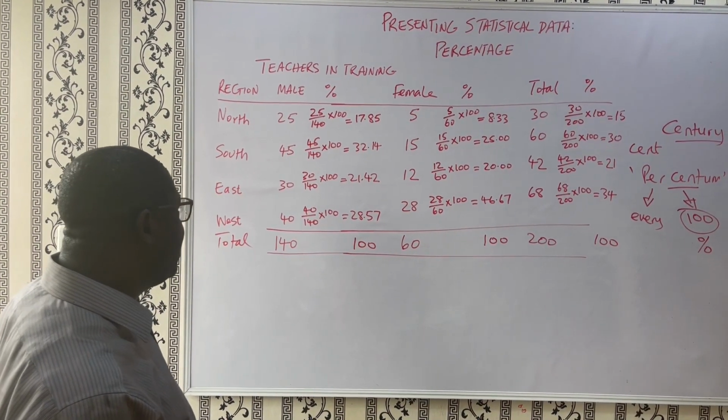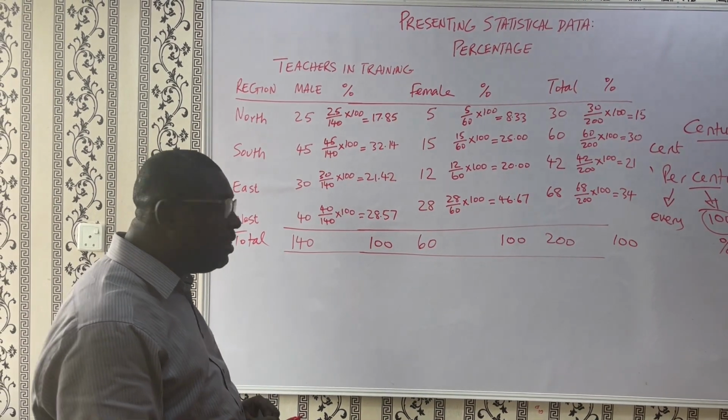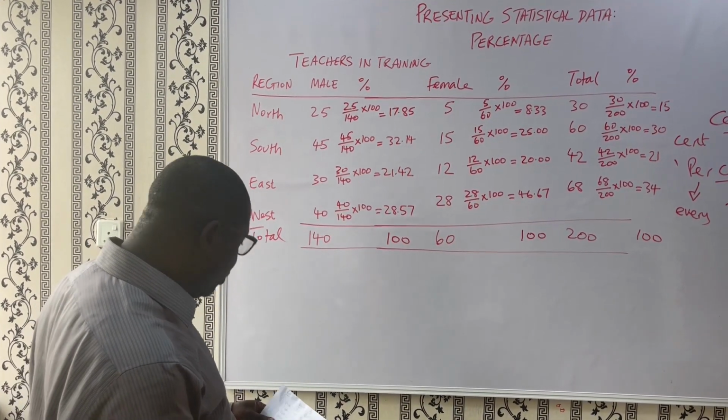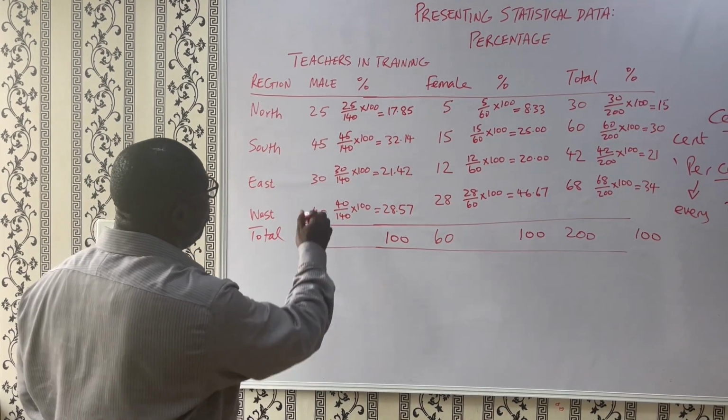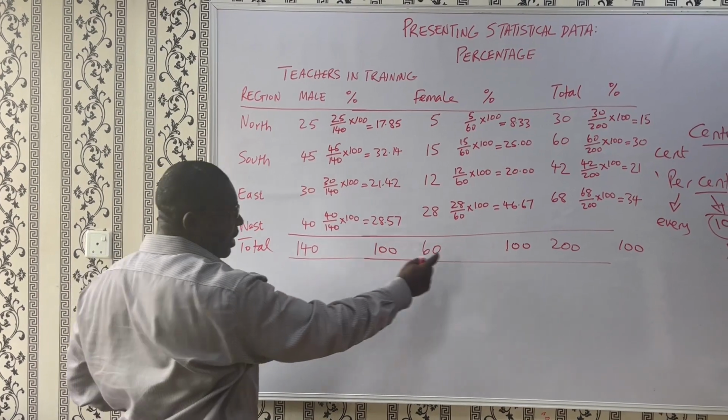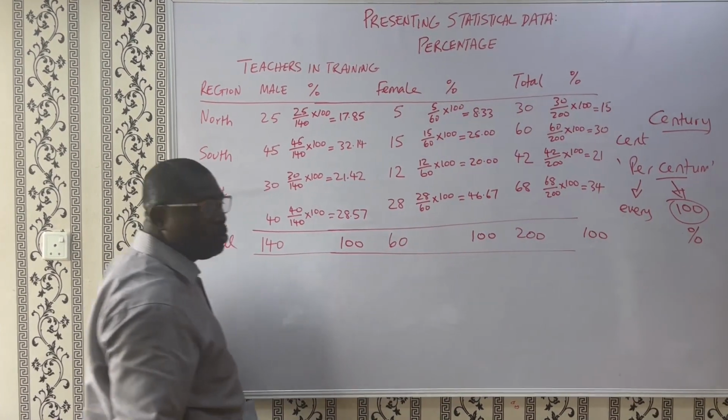Now, you may be asked to find what is the percentage of male teachers. The percentage of male teachers will be that we pick the total of male as against the total value.